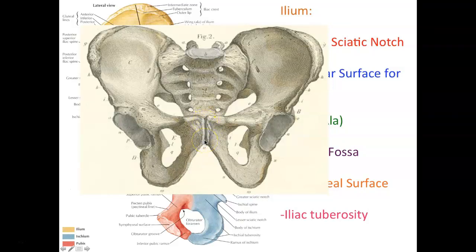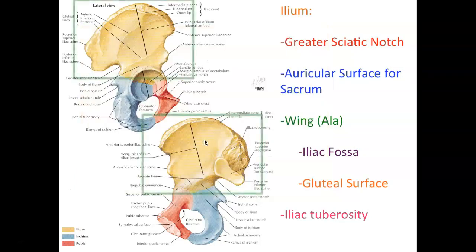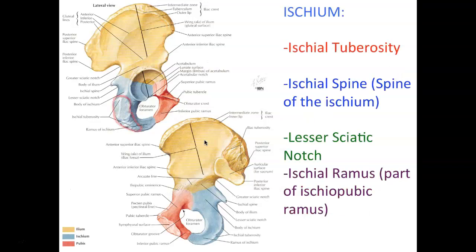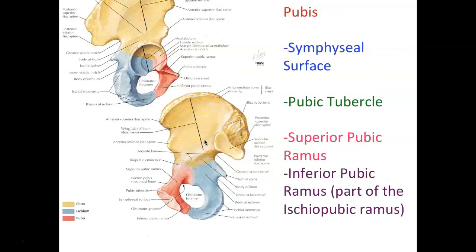And remember, this joint will only move during childbirth. So sorry guys, your interpubic joint hopefully will not move unless it's due to injury. Okay, so let's go back to that symphyseal surface.